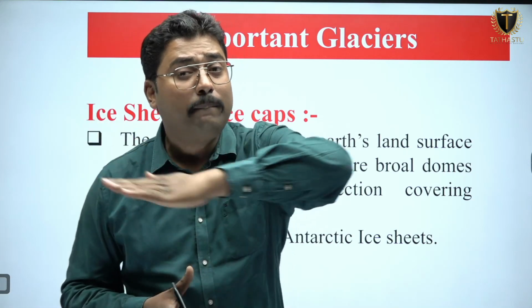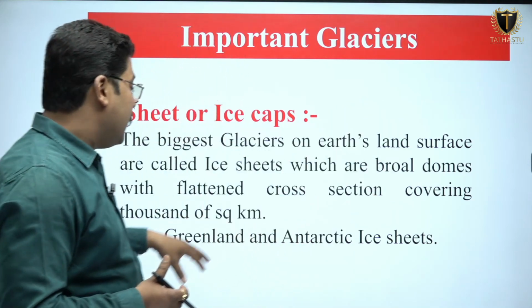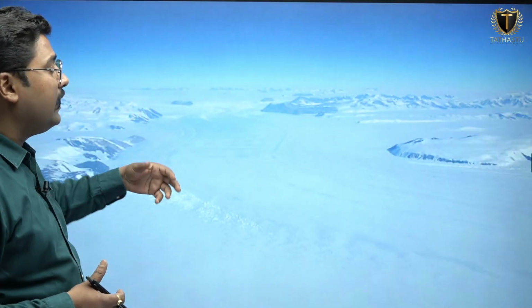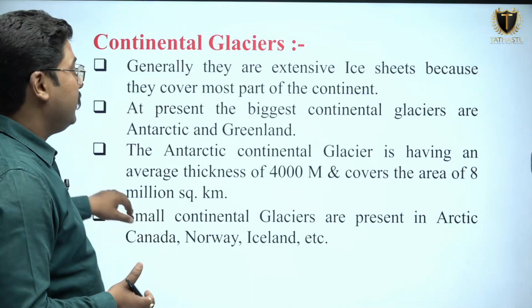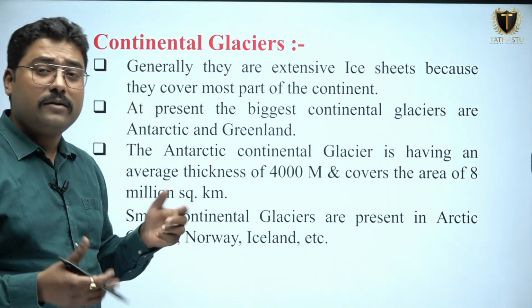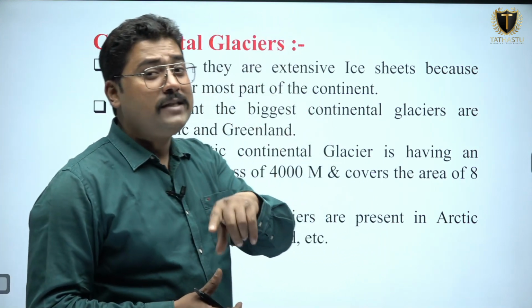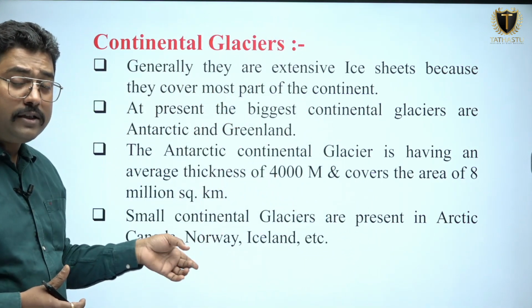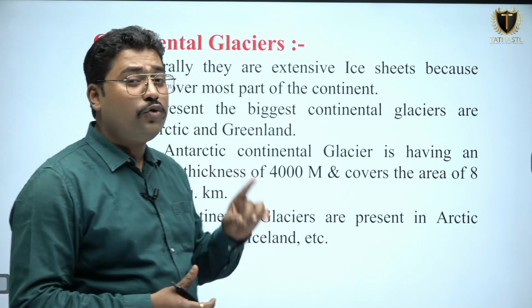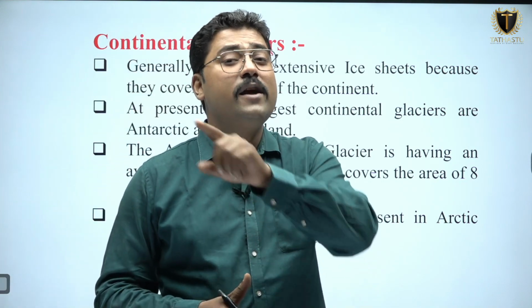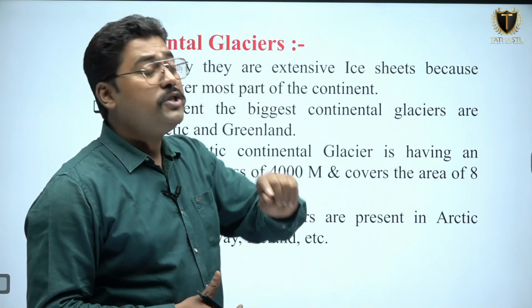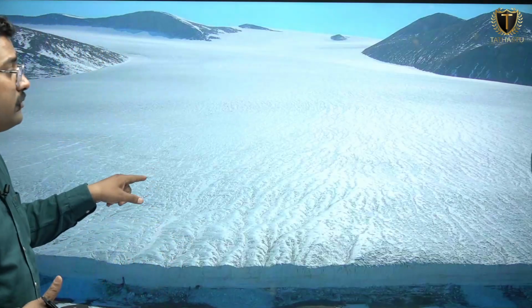Means the complete sheet of ice like Antarctica and Greenland. On the other hand, the continental glacier means those present over the surface. The ice sheet or continental glacier will be found in higher latitudes where the snow line is at the surface, means 0 meters.